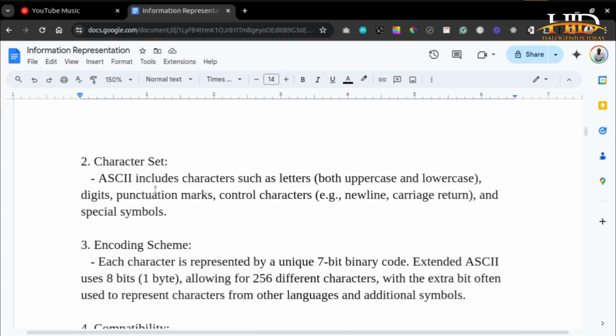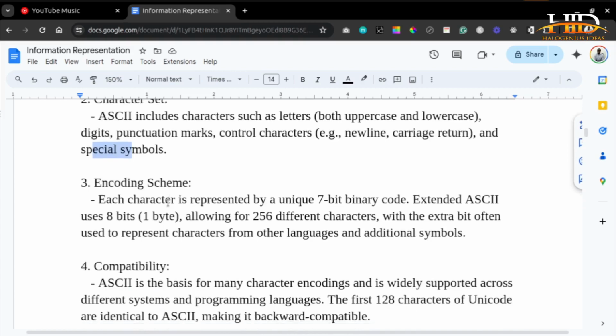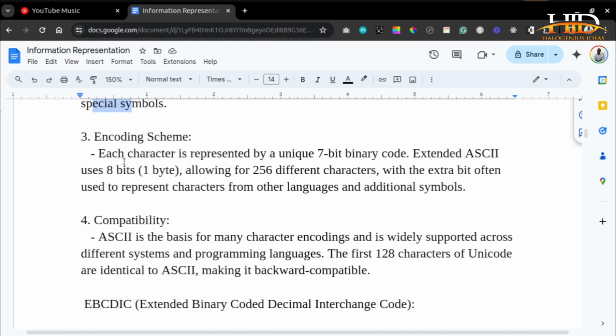So for ASCII, the character set includes characters such as letters, uppercase and lowercase, digits, punctuation marks, control characters like new line, carriage return, and tab, and we also have special symbols. We also have the encoding scheme. Each character is represented by a unique 7-bit binary code.